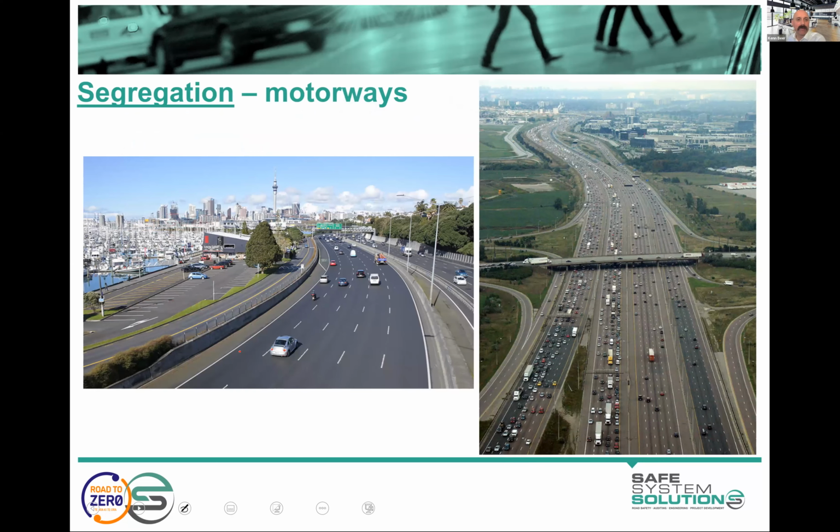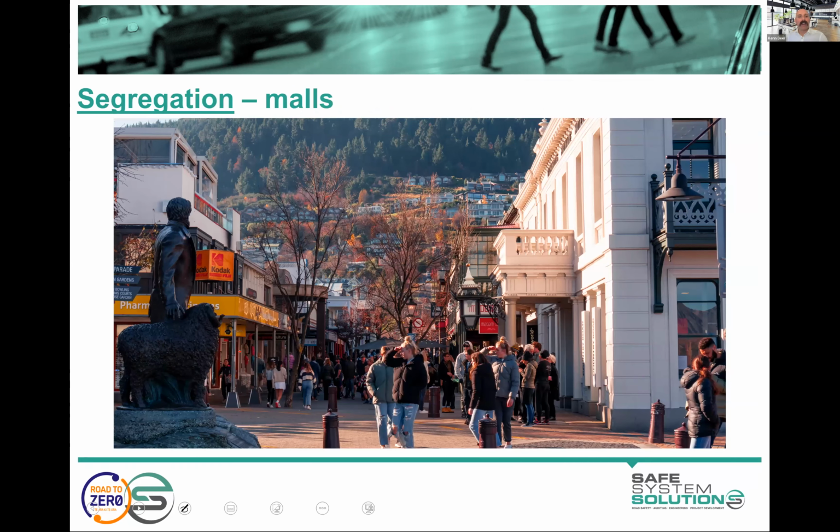Obviously, with segregation, motorways are your classic example, where we should not be seeing pedestrians on the motorway. Unfortunately, we do occasionally, with people getting out of their vehicles for one reason or another, but the theory at least is that pedestrians will not be there. And then the other end of that is segregation in terms of only pedestrians in an area.